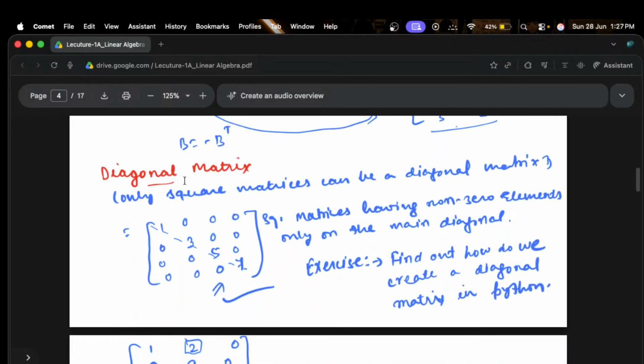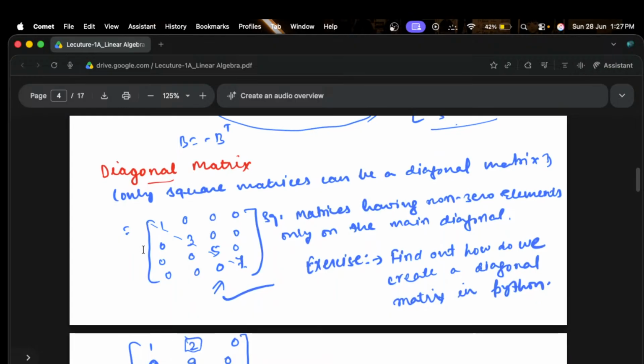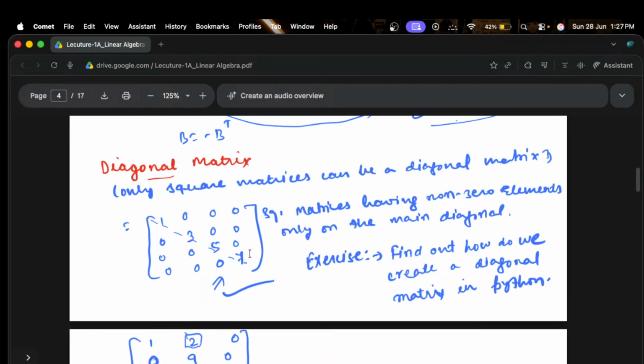So let's talk about diagonal matrix. Find out how do we create diagonal matrices in Python. Only square matrices can be diagonal matrices. Square matrices having non-zero elements only on the main diagonal. Okay.